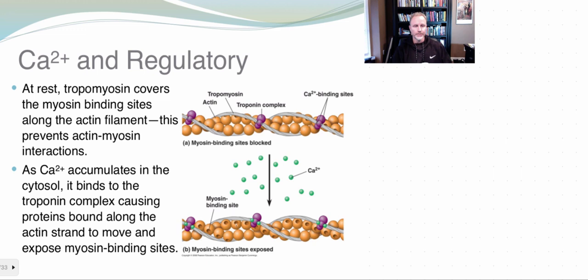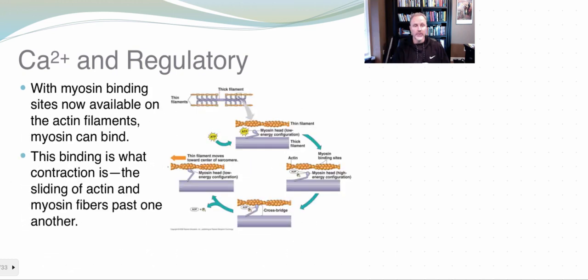So at rest, you can see the tropomyosin covers the binding sites, and those actin filaments are unable to bind with myosin and provide for movement. But once the calcium starts to accumulate in the cytosol, now we're going to have the myosin binding to the actin filaments and result in some contraction here.